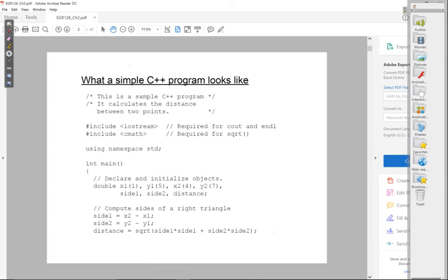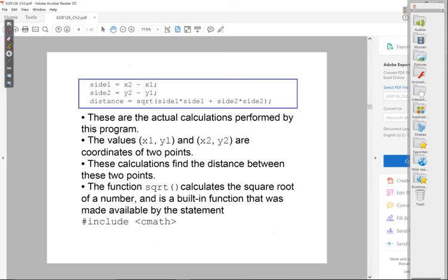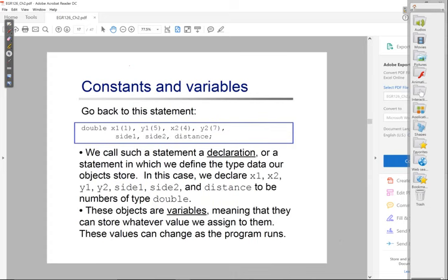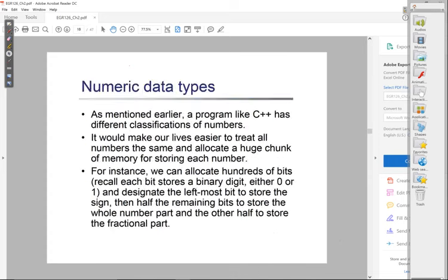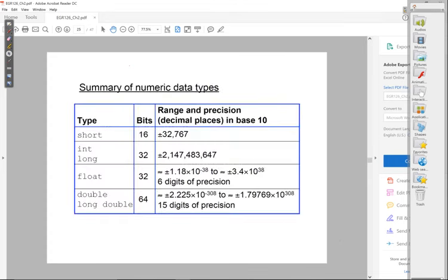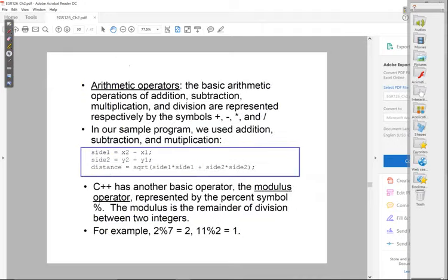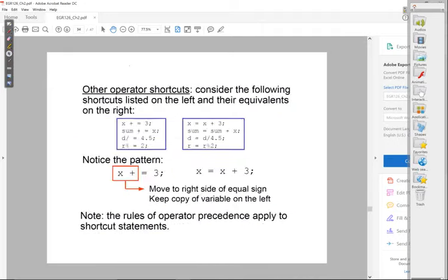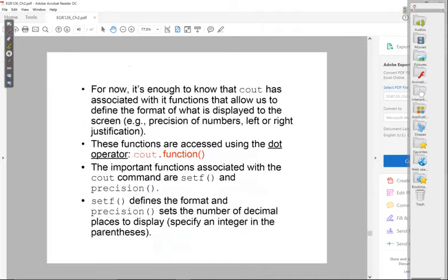So how do we do that? The way we do that is through what we call an input. The input command, which is part of the iostream library, is cin instead of cout. And cin is actually fairly simple to use.